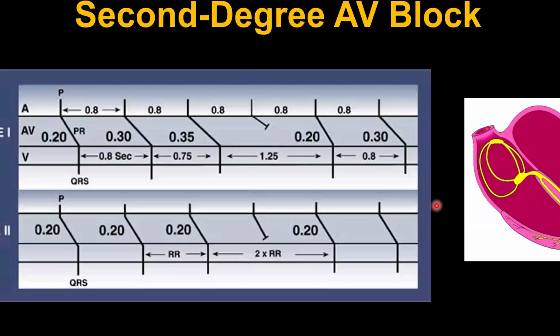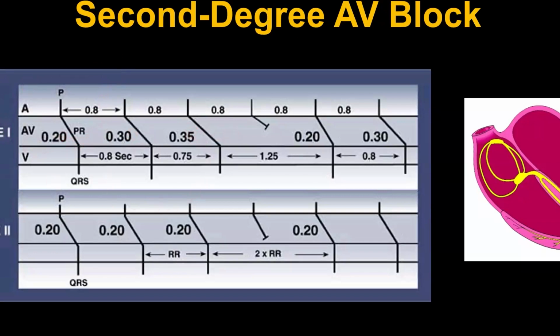Okay, so this shows the difference between what's called type 1 and type 2 block. Dr. Wenckebach described the block which carries his name, where there is an increase in the PR interval from 20 to 30 to 35 to a drop beat.